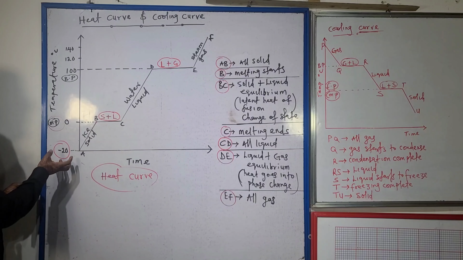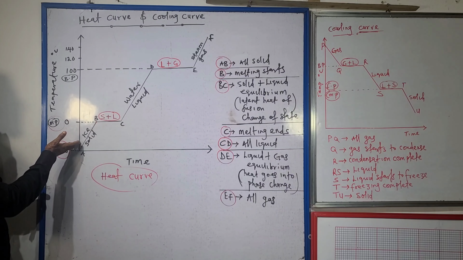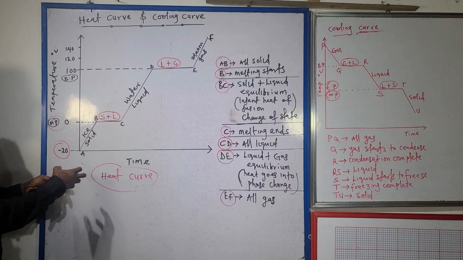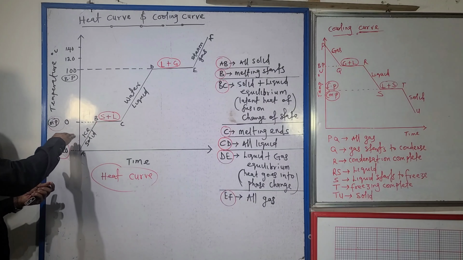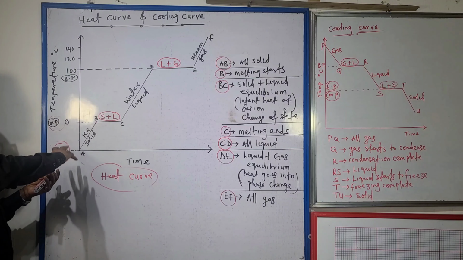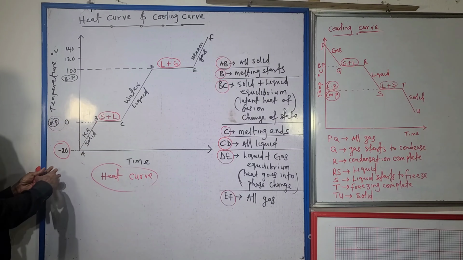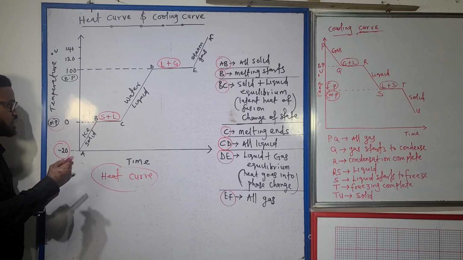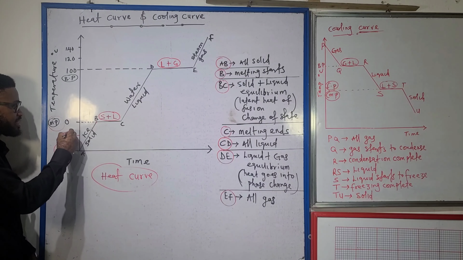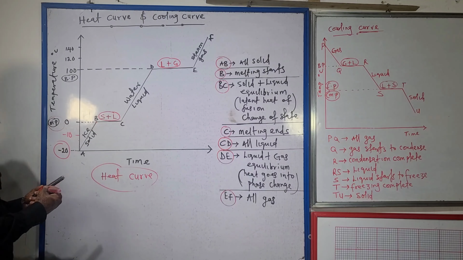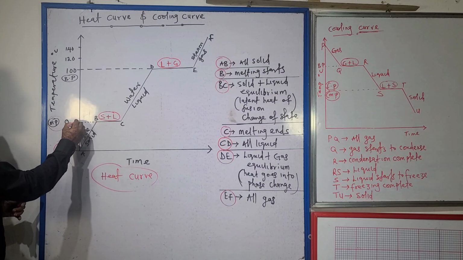We begin to add heat to the ice such that the temperature begins to rise, such that the particles absorb the heat, and now they are able to vibrate more vigorously, so that the temperature moves from minus 20 to about minus 10 degrees Celsius, and then till a point is reached that's at zero.